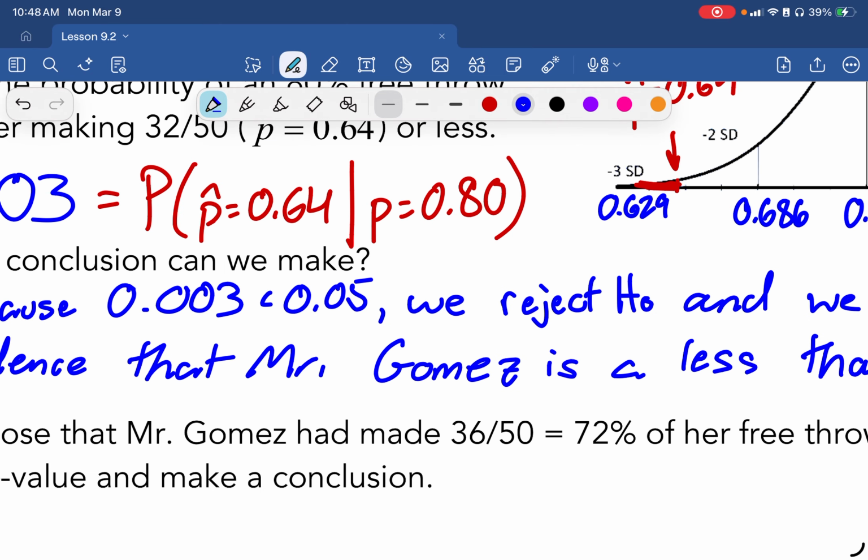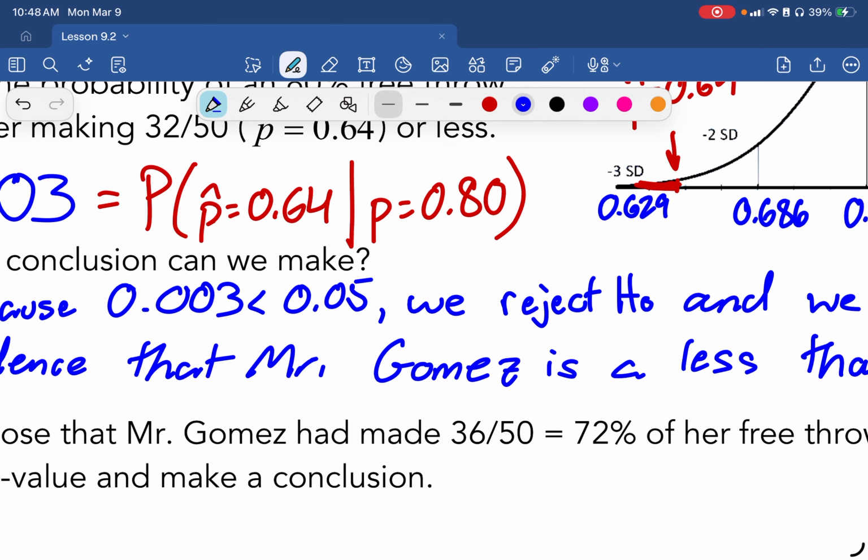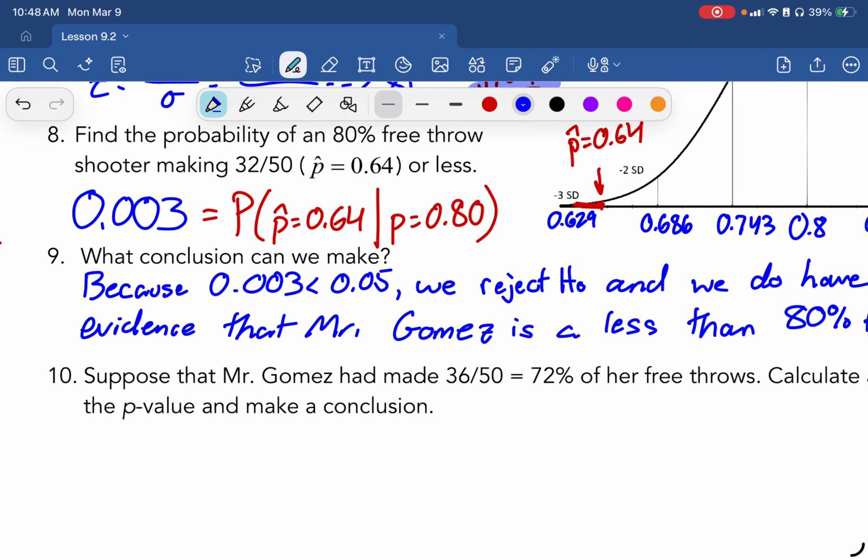Because again, this alpha value of 0.05, our p-value is less than 0.05, it's 0.003. Okay, so now we're going to change it up.